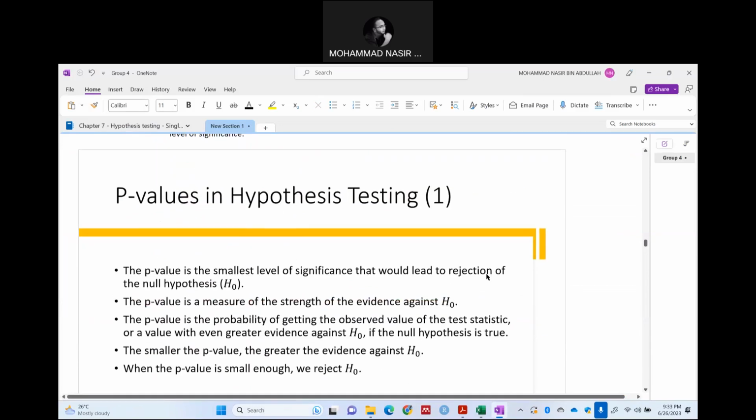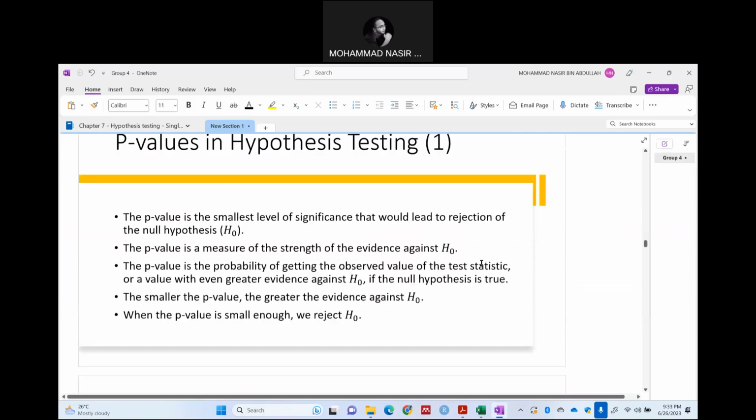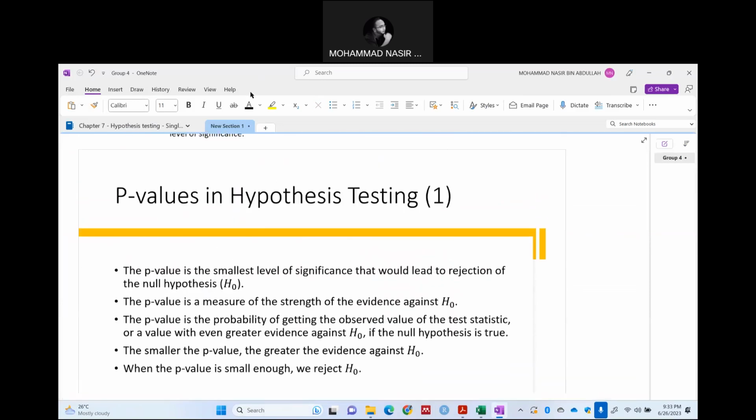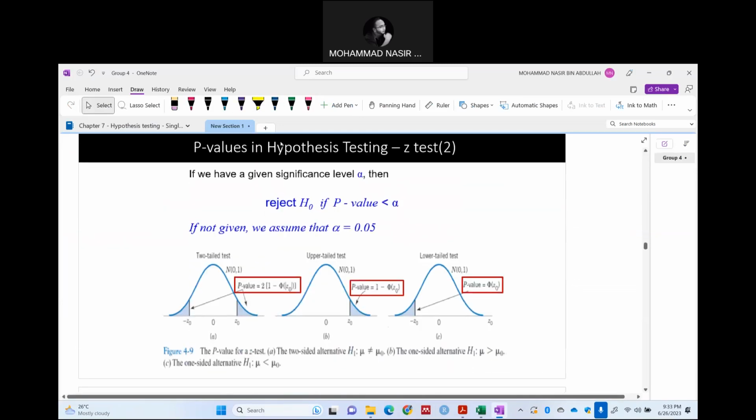So the p-value is the smallest level of significance that will lead to rejection of the null hypothesis. The p-value measures the strength of evidence against the null hypothesis. So when the p-value is small enough, we reject the null hypothesis. Now, how to calculate the p-value?